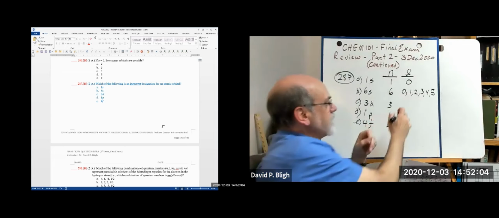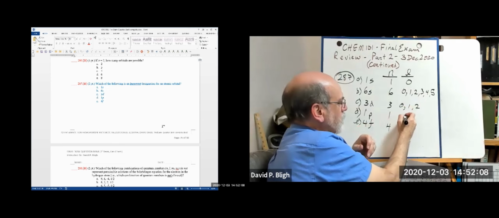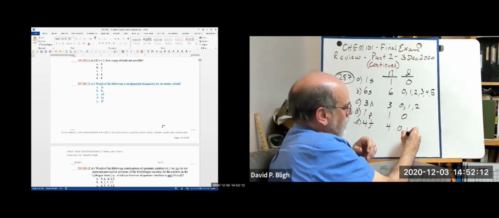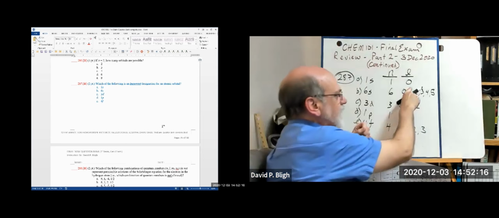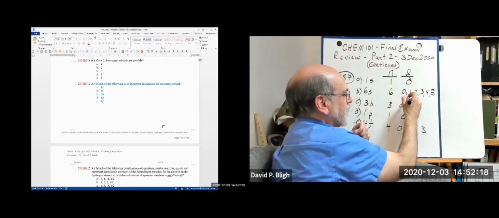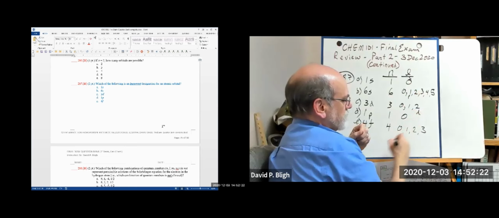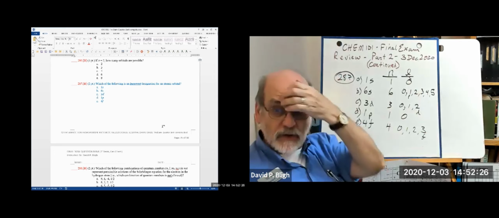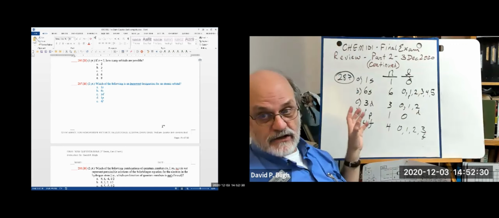For 3, you can have 0, 1, and 2. For 1, you can only have 0. And for 4, you can have 0, 1, 2, and 3. 0 is S, 1 is P, 2 is D, and 3 is F. That's what they mean. Those numbers are given these letter designations.